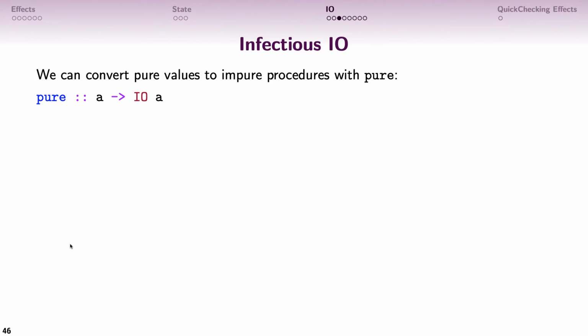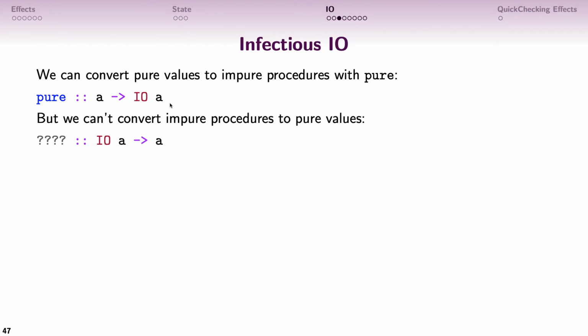It's worth noting we can convert pure values, just an ordinary Haskell value, to an I/O procedure that returns that value using pure. So given a value, it returns an I/O procedure that returns that same type. However, we can't go the other way. We can't take an I/O procedure and somehow execute all of its effects and get it to return that value A to us in a pure context.